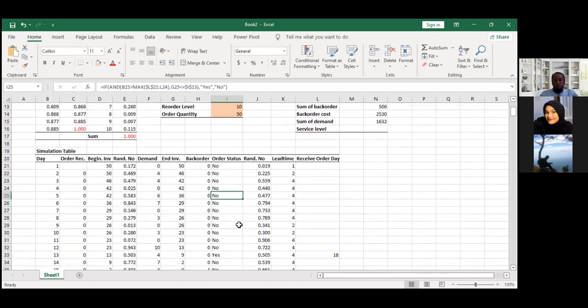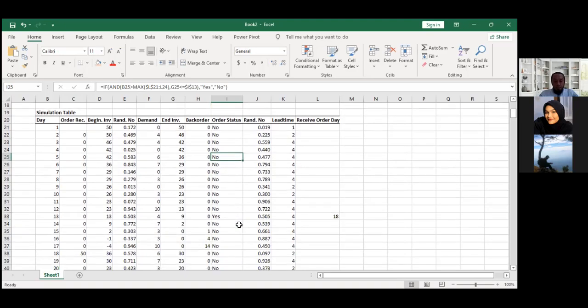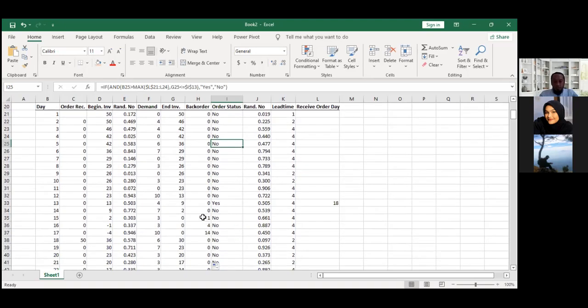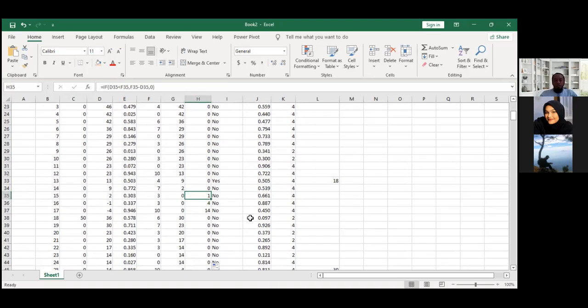Okay, student, now we can check. Here, is that correct? Beginning inventory is 2. We receive demand 3. Of course, we will have no stock, but we have back order 1. And after that, here we have back order, stock out minus 1.